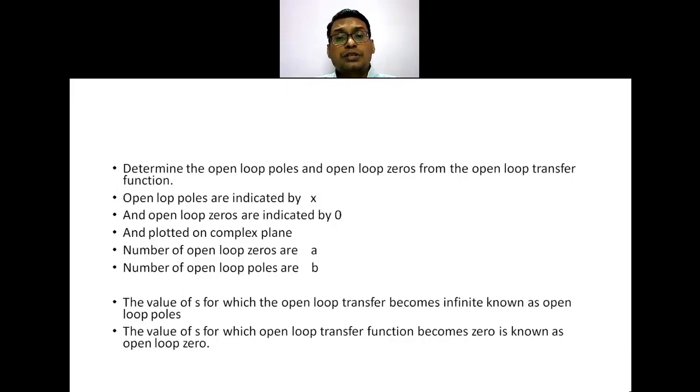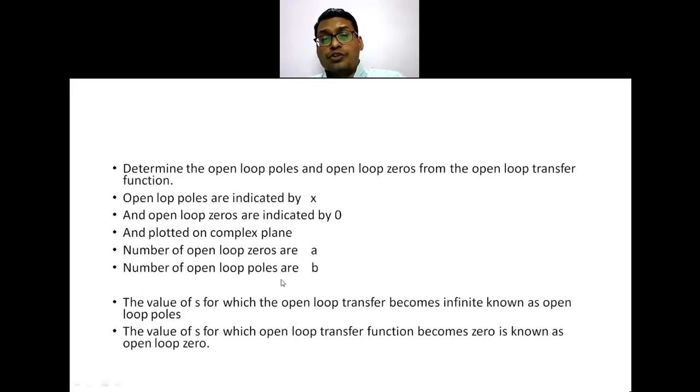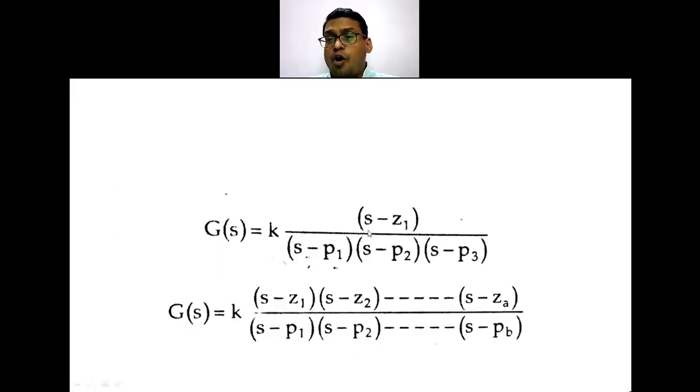Now what are these open loop poles and open loop zeros? The values of S for which the open loop transfer function becomes infinite are known as open loop poles, and the values of S for which the open loop transfer function becomes 0 are known as open loop zeros.